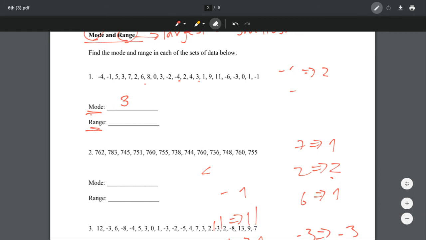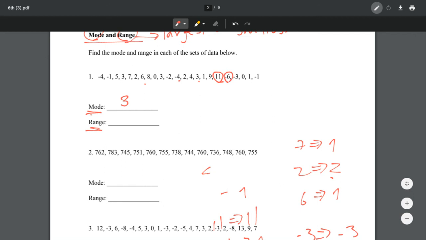For range, we only have to figure out 2 numbers, the largest number and the smallest number. Our largest number is 11, right? And our smallest number is -6.